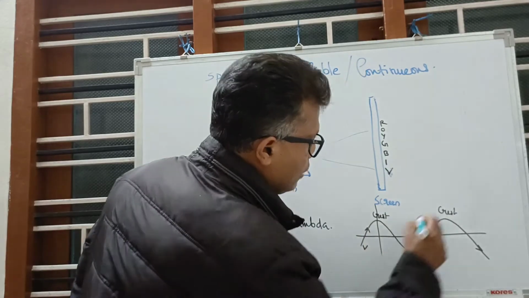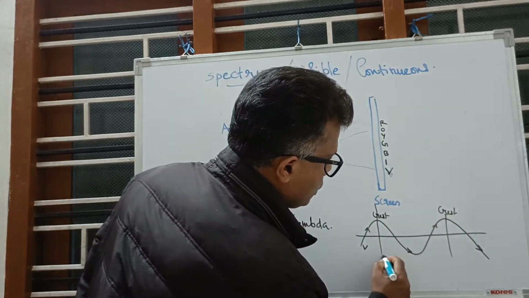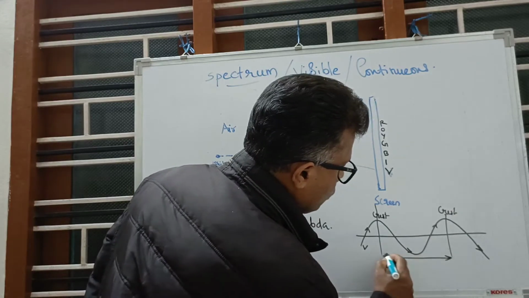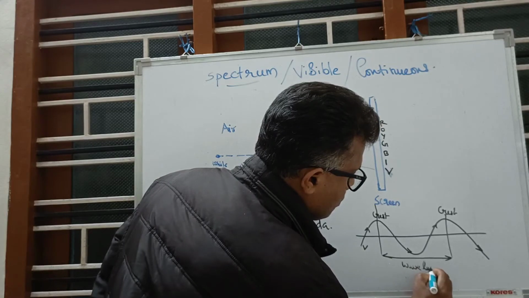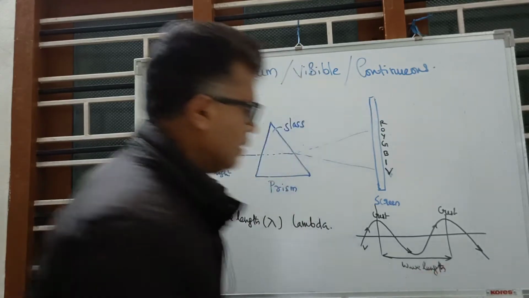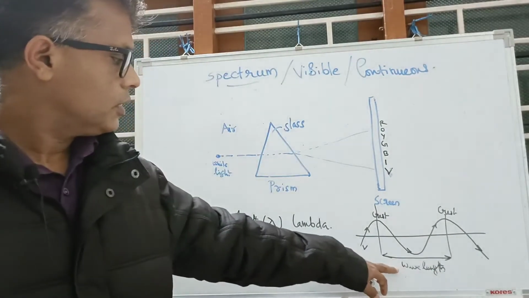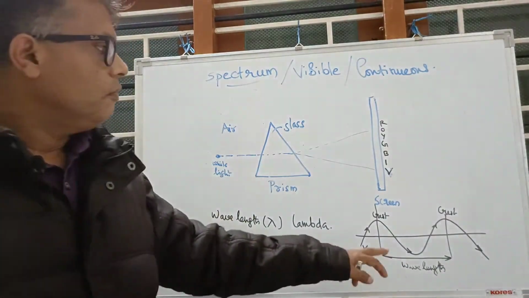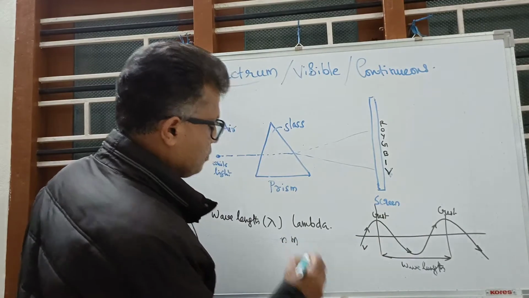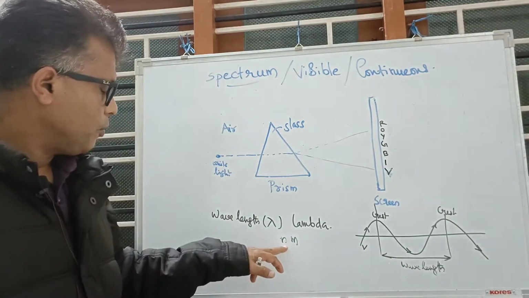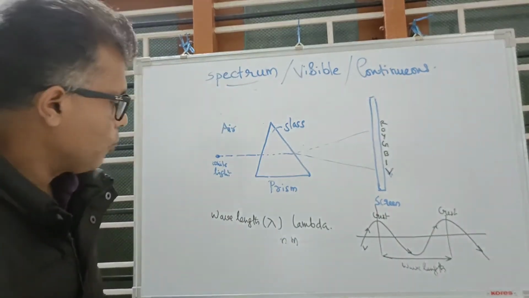If you draw a line from one crest to another crest, this is called wavelength. Clear, no? Normally, wavelength is measured in nanometers.